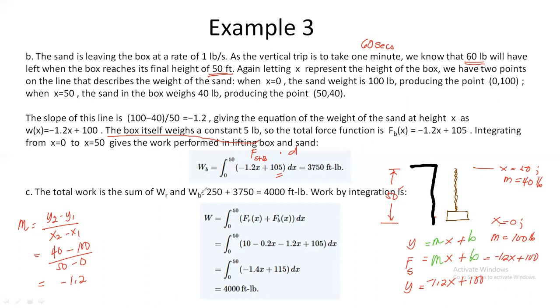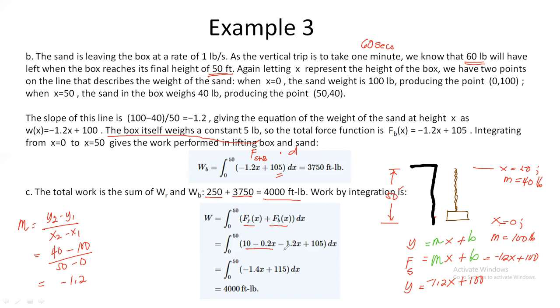The total work will then be the work in lifting the rope plus the work in lifting the box with the sand. This would be it. Now, if you use calculus through and through, without having to answer first the work in pulling up the rope and the work in pulling up the box with the sand, these would be the two forces that you need to add. The first force is the force due to the weight of the rope.